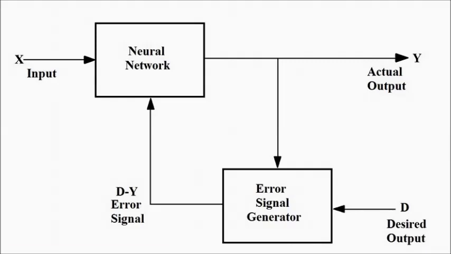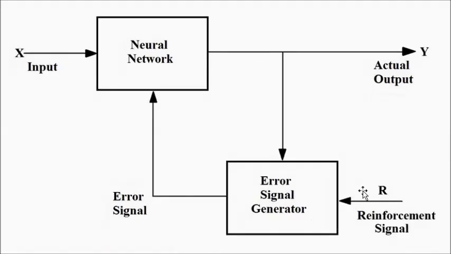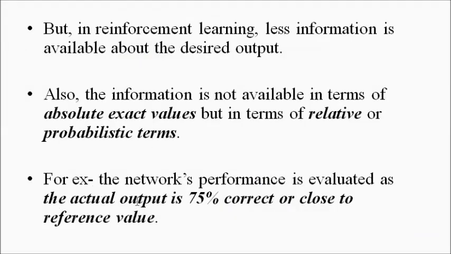But in reinforcement learning, this reinforcement signal is in relative terms. It will not say exactly how much the actual output differs from the desired output. It will only say that the output of the neural network is 75% correct, or 85% correct, or 95% close to the reference value. The output will be in relative or probabilistic terms, not in absolute or exact values.